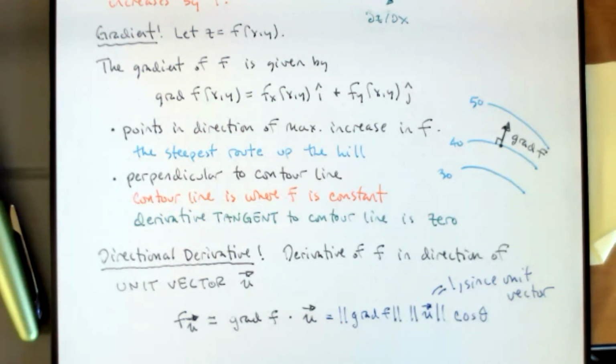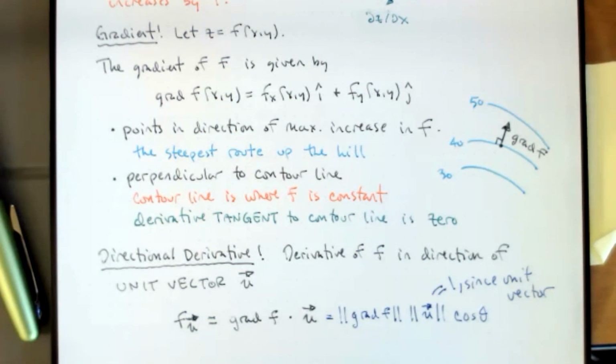And now it makes even more sense, the stuff that we were talking about with regards to the gradient. If we set the unit vector up to be tangent to the contour, then the angle between the gradient and the contour is 90 degrees, and the cosine of 90 degrees is 0.